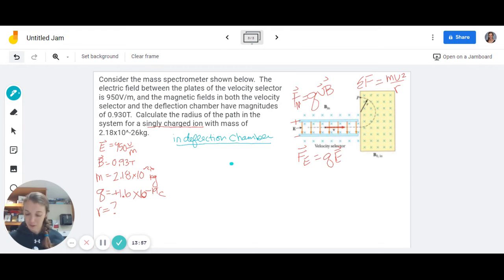In the deflection chamber, we know that the net force is equal to the magnetic force. So the net force is mv squared over r, since it's moving in a circle, and the magnetic force is qvB sine theta, but I already established that theta is 90 degrees, so our sine theta is just 1.